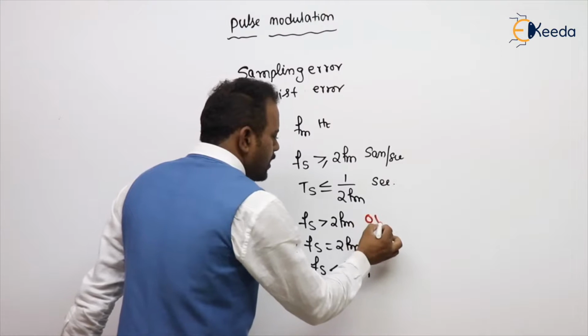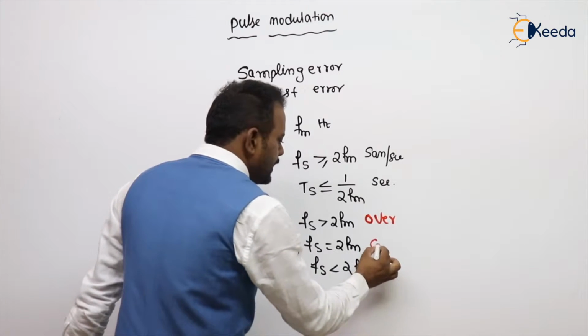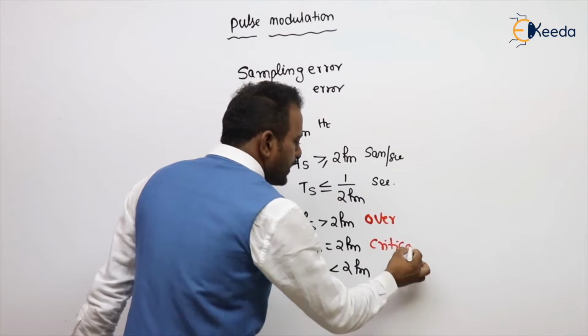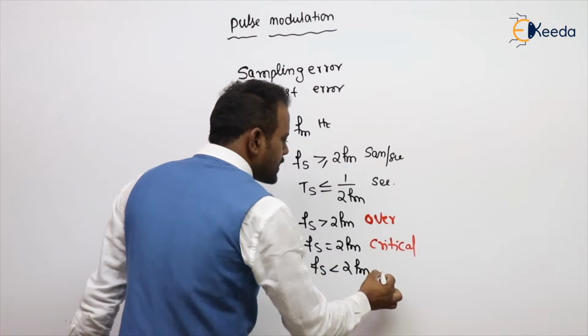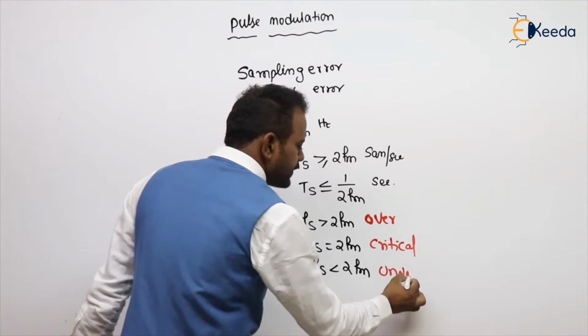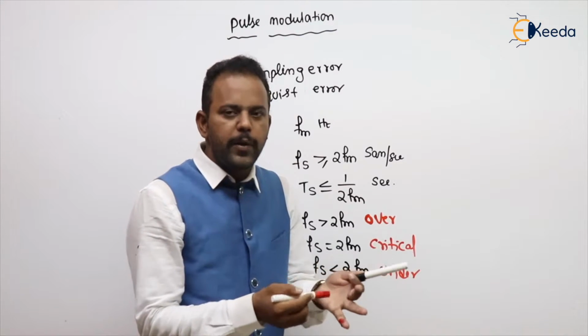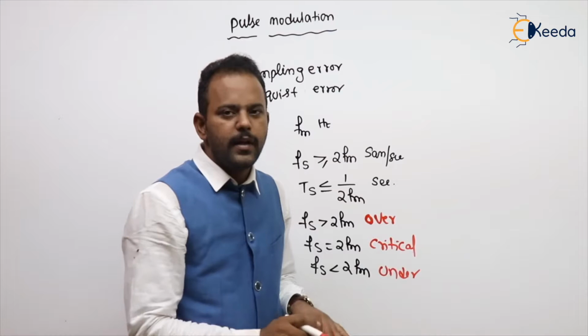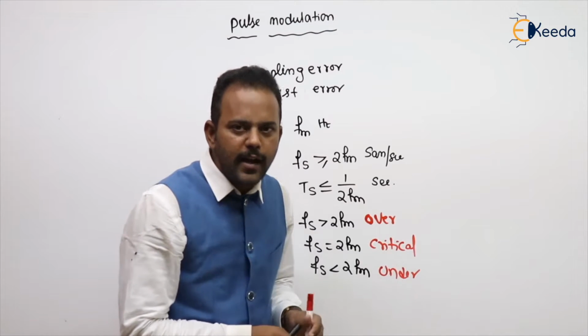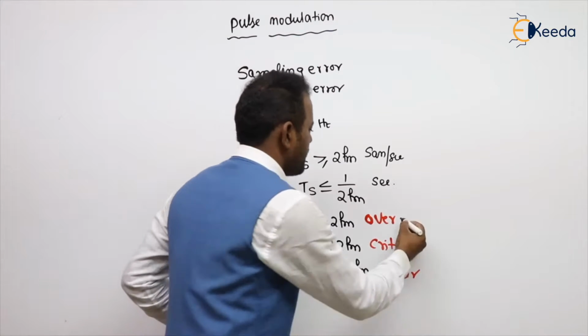The first one is called oversampling. This is called critical sampling. This is called undersampling. There are three samplings. What is the practically preferred one? Please tell me. The practically preferred one is oversampling.